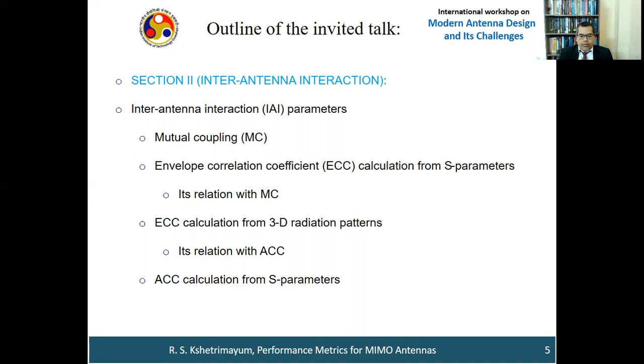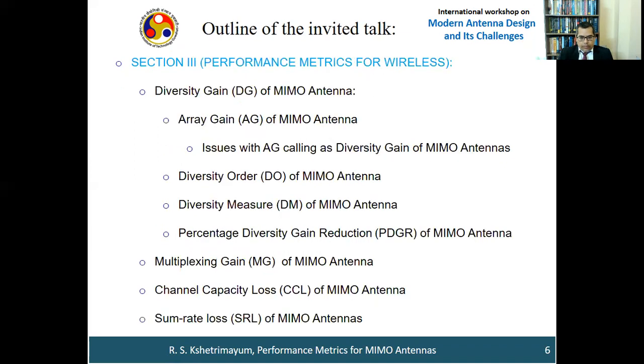From the scattering parameters, you can calculate the antenna correlation coefficient, and that is applicable only for lossless antennas. All existing antennas have some amount of inherent losses, so it's better to calculate the antenna correlation coefficient from the envelope correlation coefficient.